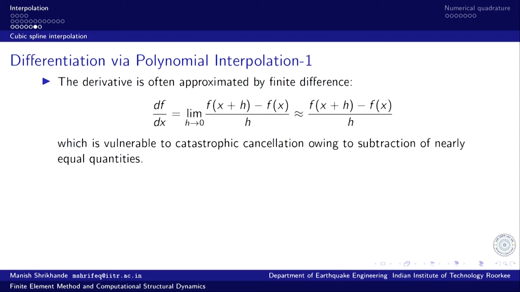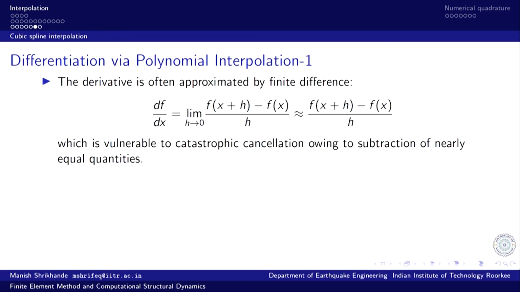The points at which we are sampling the function are separated by some distance h, and we are taking the limiting operation as h tends to 0. In practice h has to be a very small value, and then we can consider this finite difference to be a good approximation of the derivative.